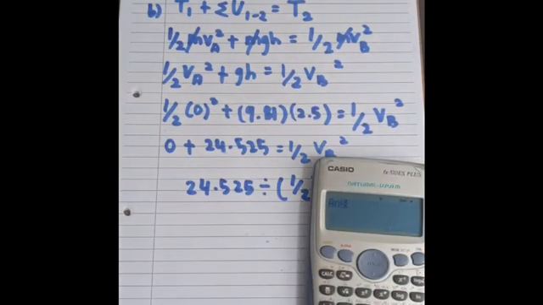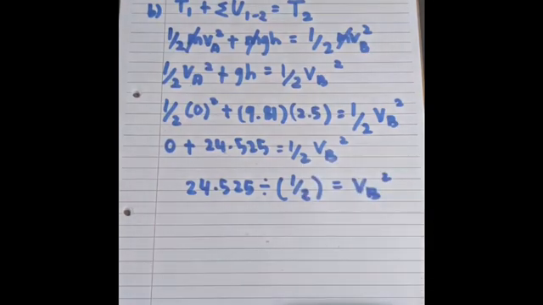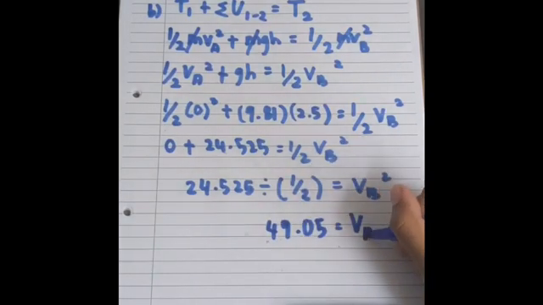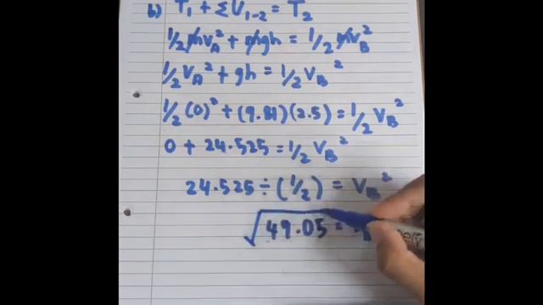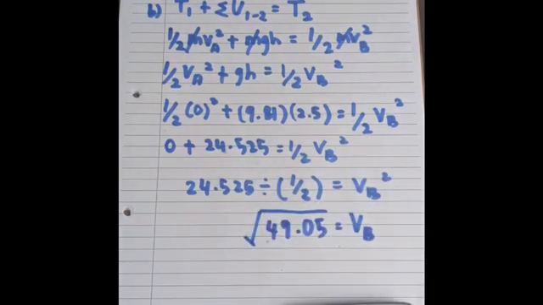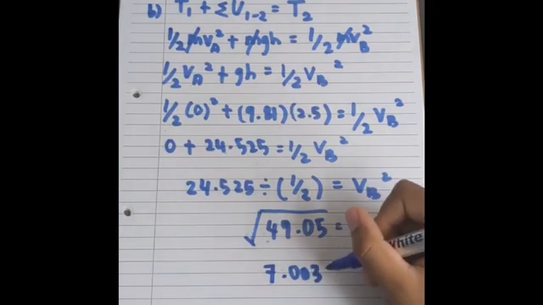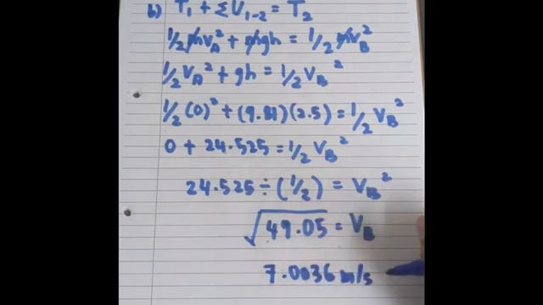Taking the square root, we get 7.0036 m/s. So this is our velocity at B, the final.